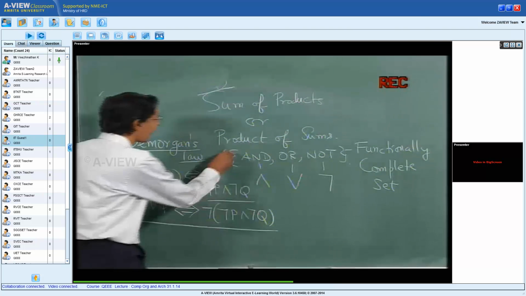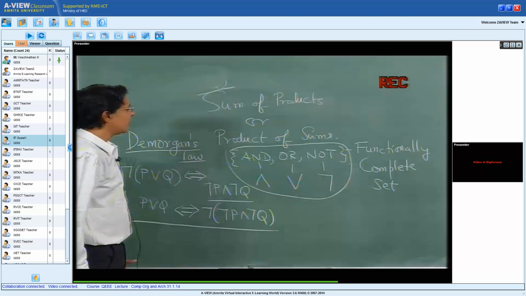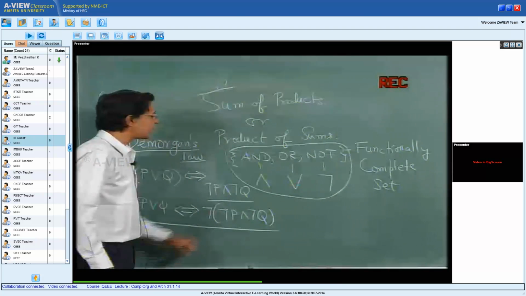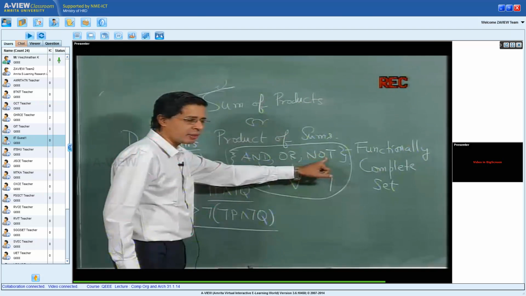So that means, let us take this set. In this set, the OR function can be realized in terms of AND and NOT.